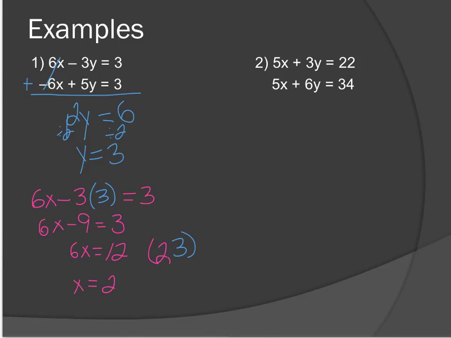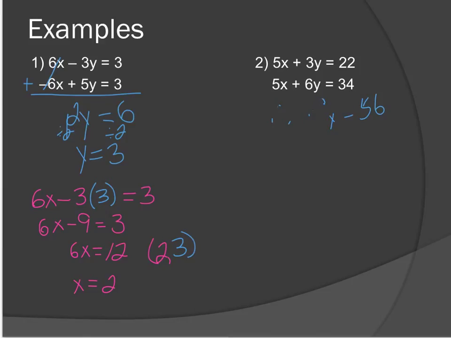Same idea, number 2. So our x's are lined up, our y's are lined up, equal signs and numbers. However, we notice that our x's have the same coefficient but the same sign. So if we add them together, I would get 10x plus 9y equals 56, and nothing eliminated.